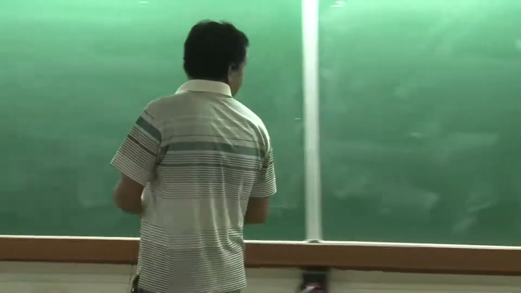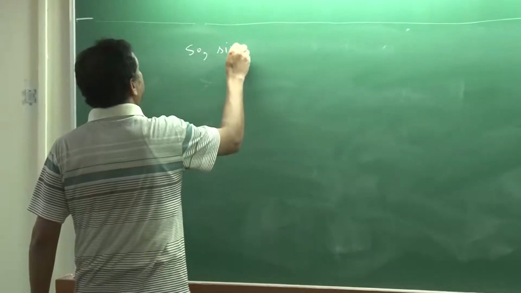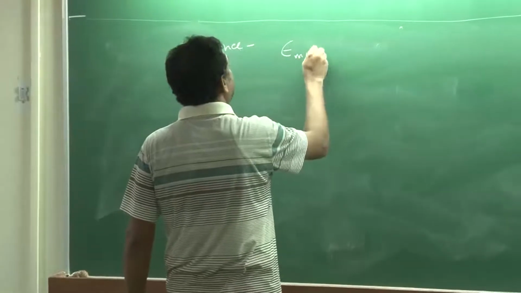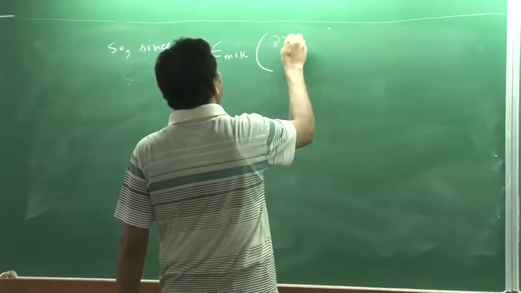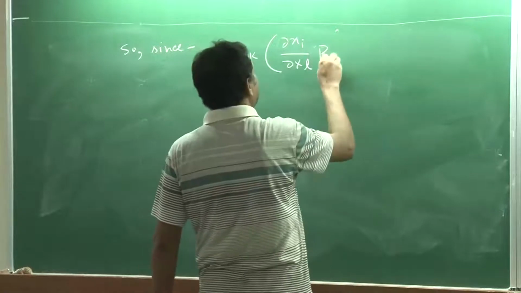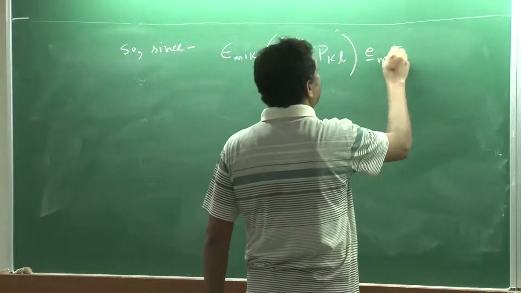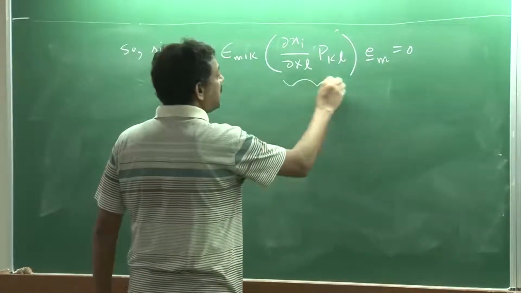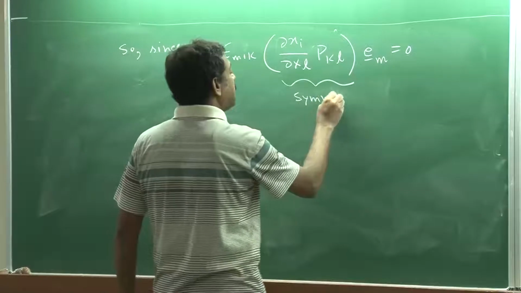So, what we see is that since epsilon m i k, this product must be a symmetric tensor.